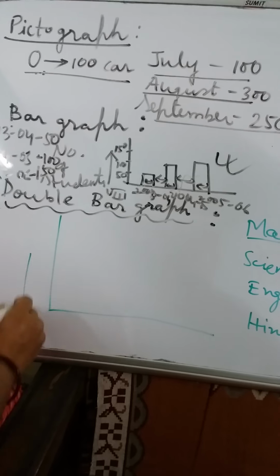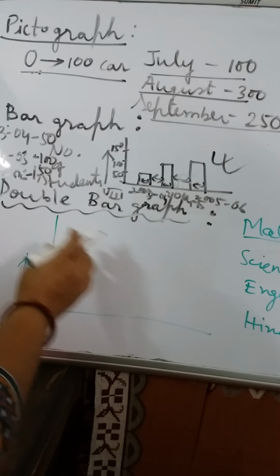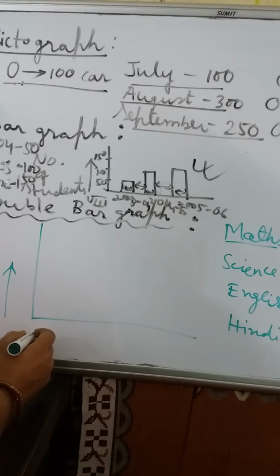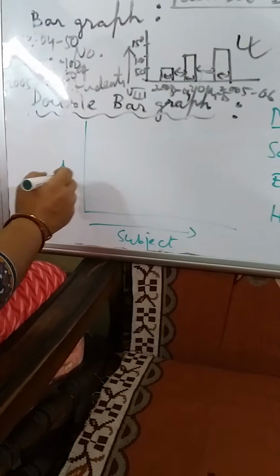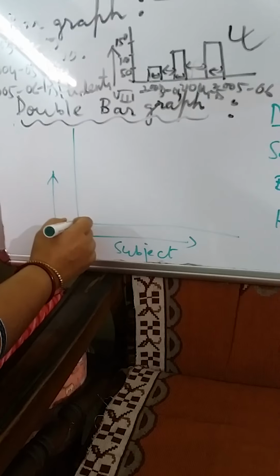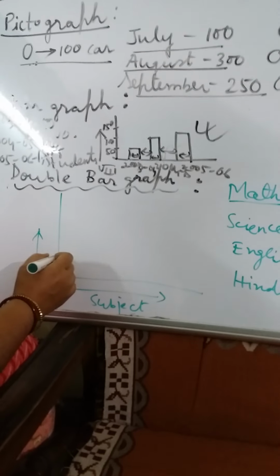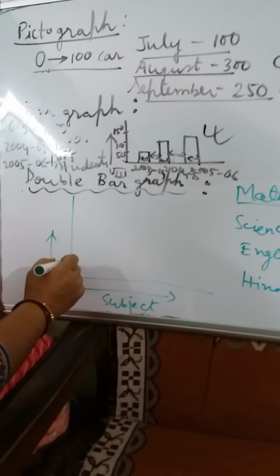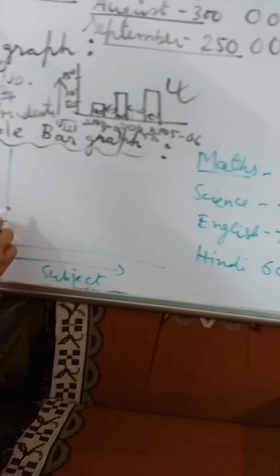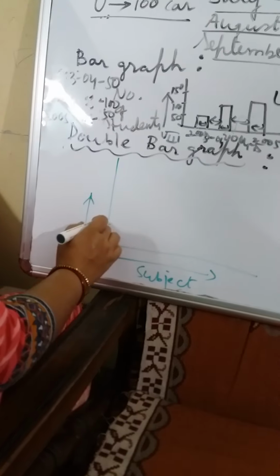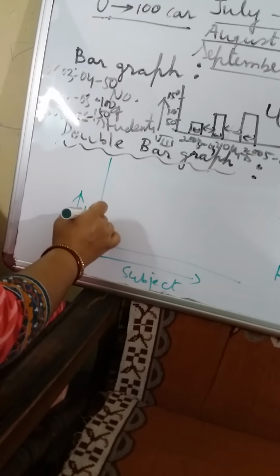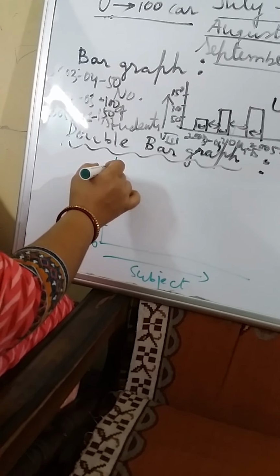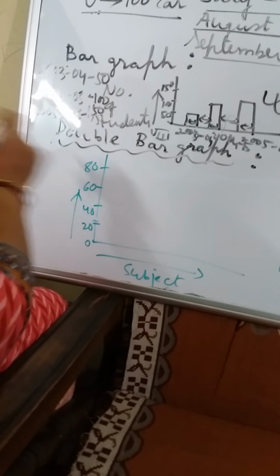On this axis I will take the marks and on this the subject, and say this is 0, then 20, 40, 60, 80.